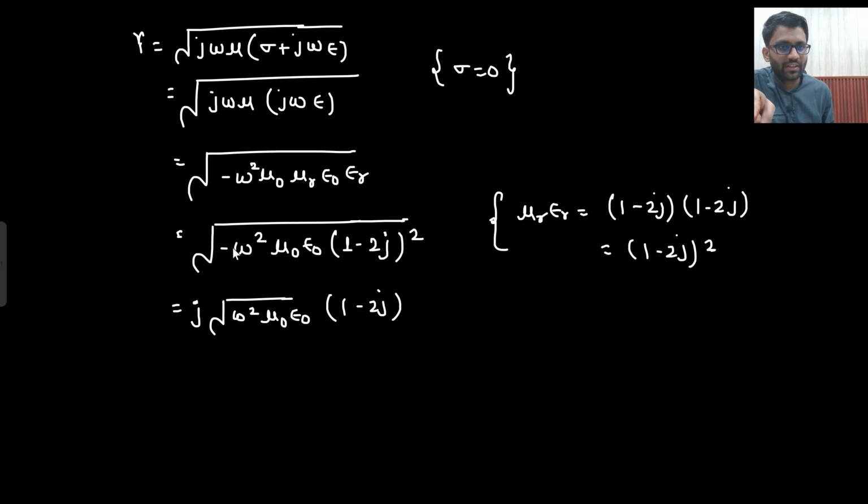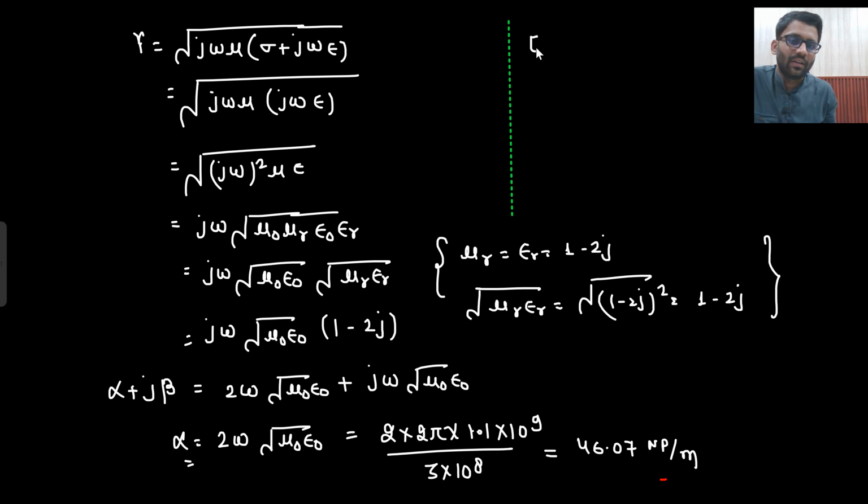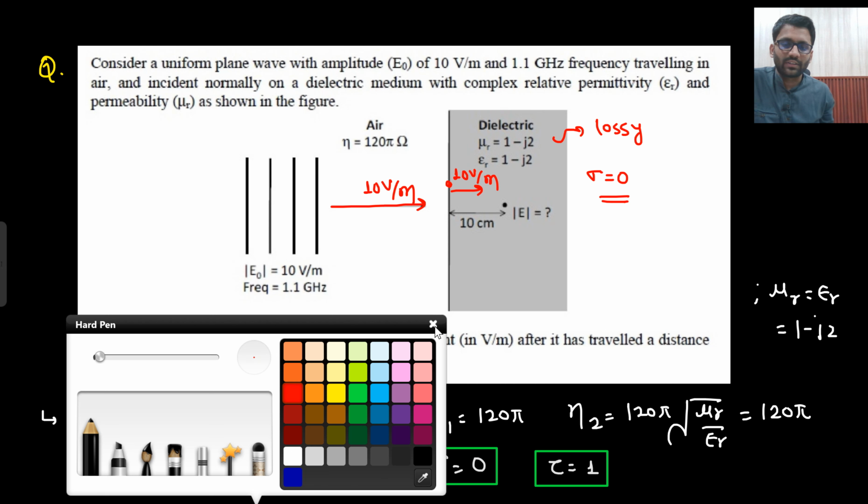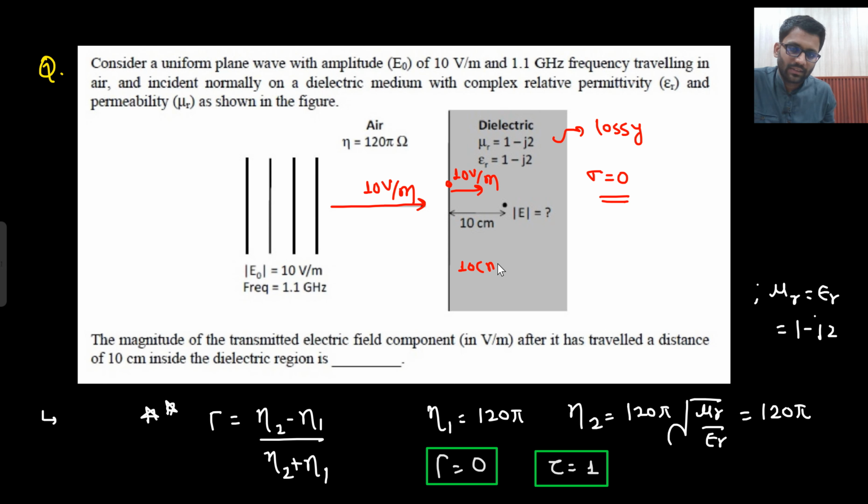How will it decay? And how much distance does it need to travel? That is 10 centimeter, which is 10 into 10 to the power minus 2, that is 0.1 meter. So it needs to travel 0.1 meter.